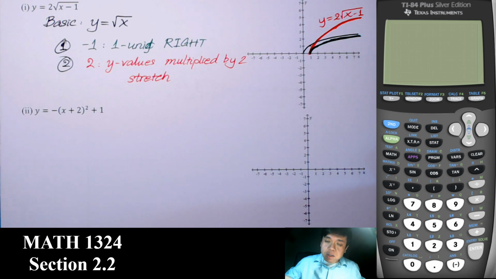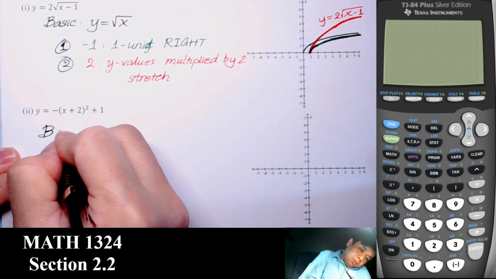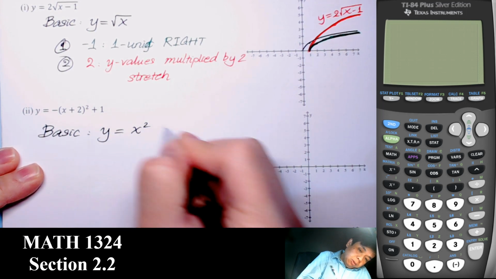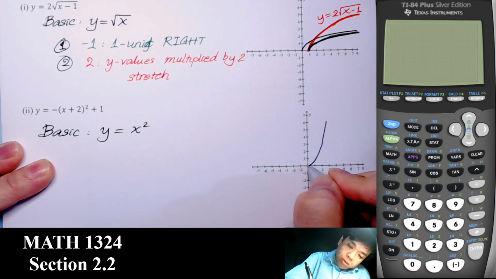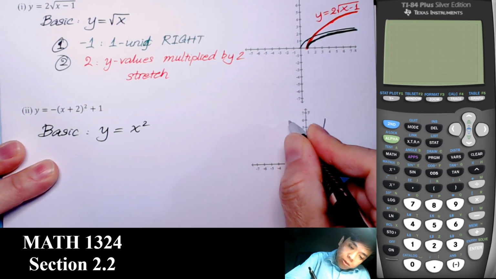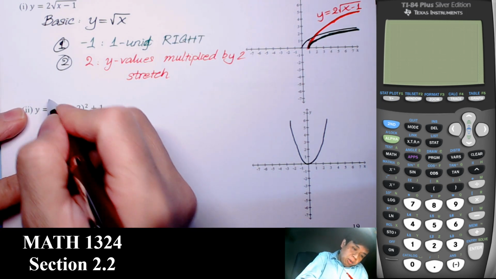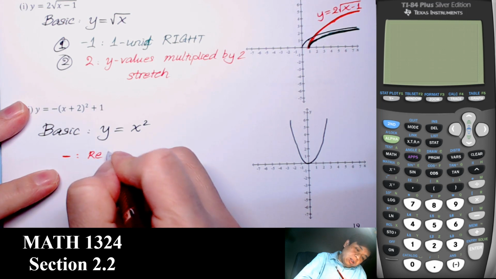And like this, the basic is a square. Have a few things. There's a minus, so that's -1, that's a reflection.